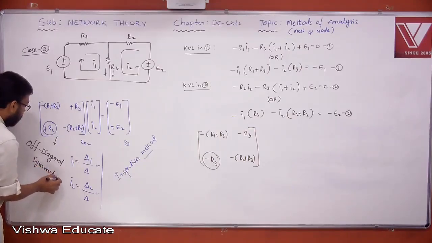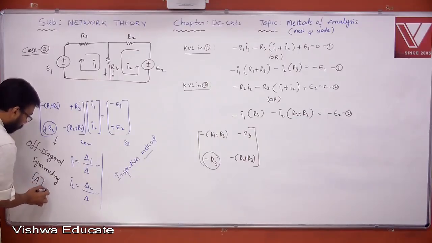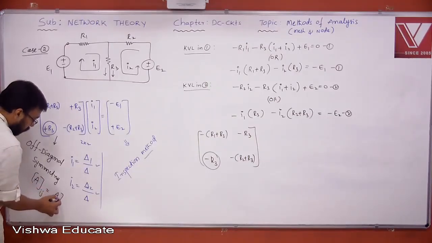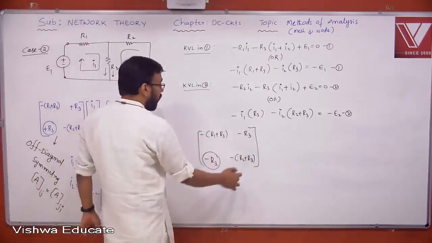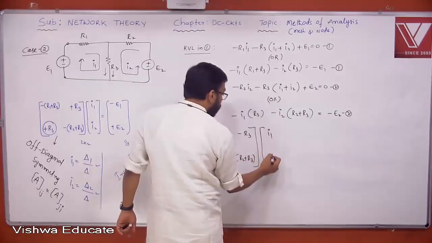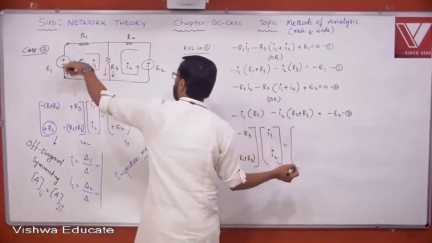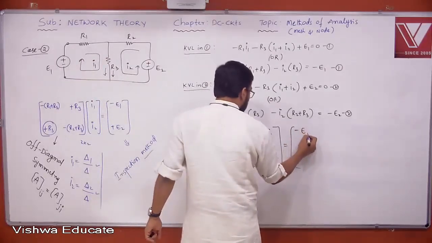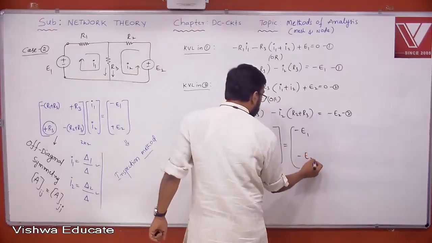What do you mean by off-diagonal symmetry? The ith row, jth column element is the same as the jth row, ith column element. Okay, that's what we have seen. First row, second column is the same as second row, first column. Into I1 and I2 is equal to touching negative sign first. Here we are applying the negative touching concept, minus E1, minus E2.